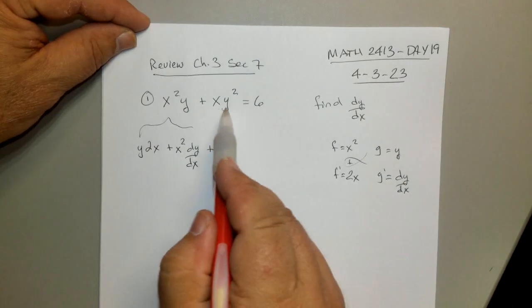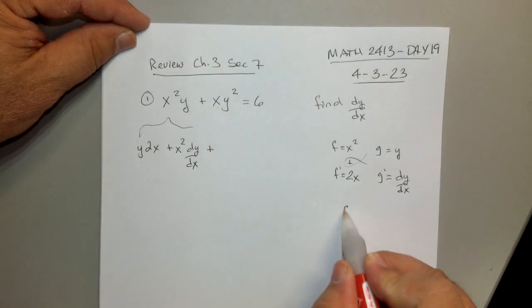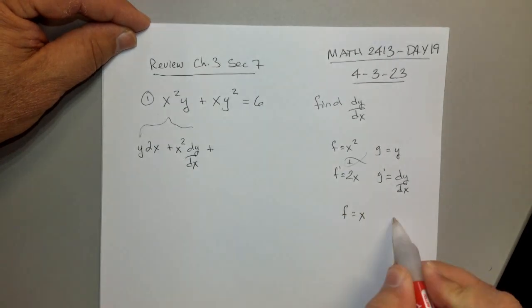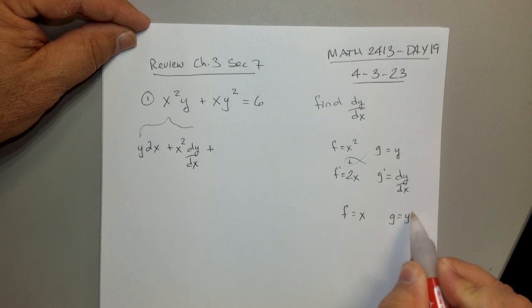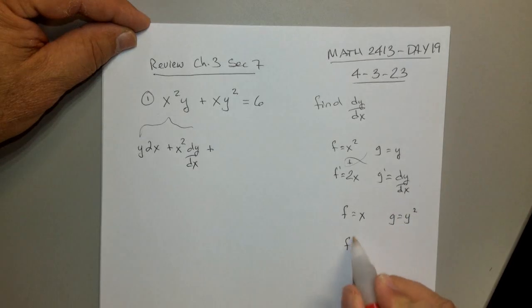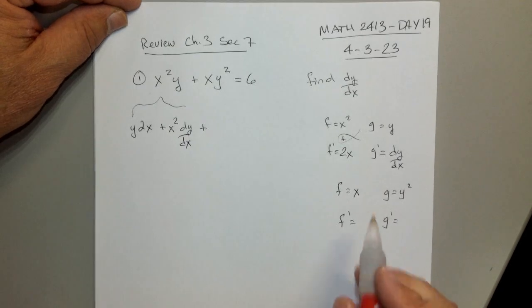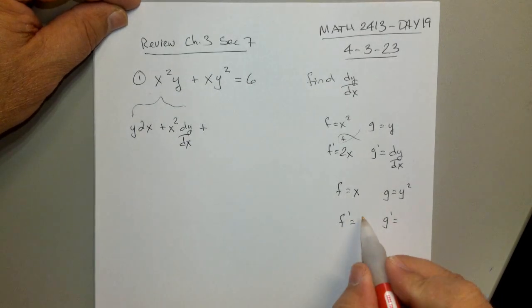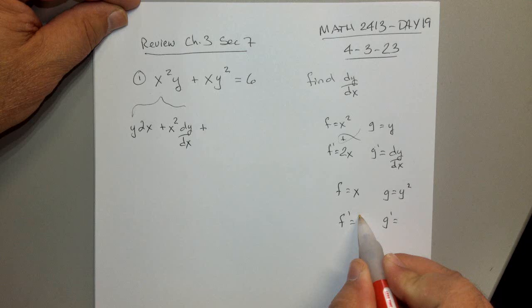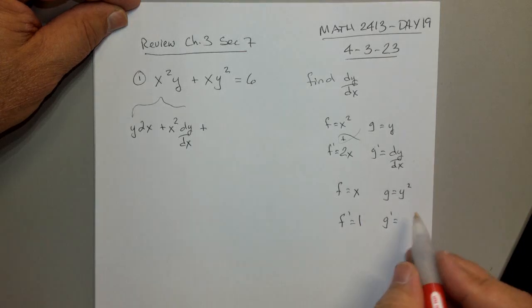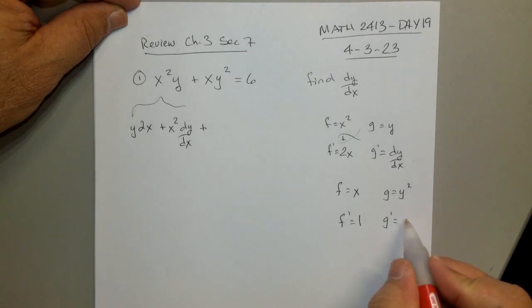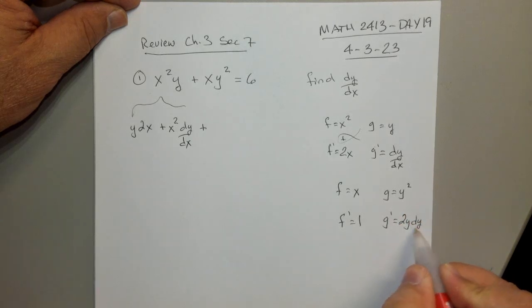We've got to do the same thing now with the second part. Derivative of x, 1. Derivative of y squared, excellent, 2y dy dx.